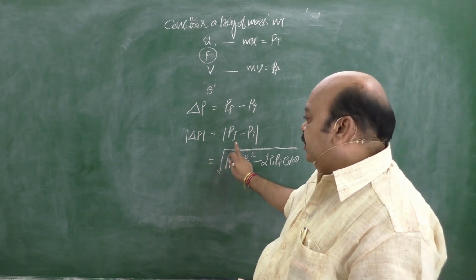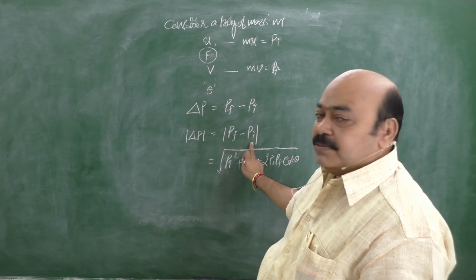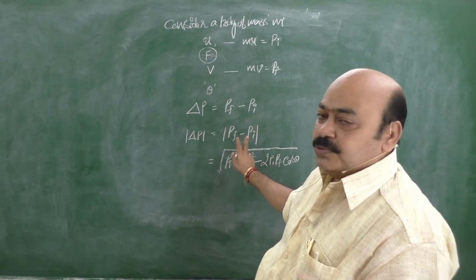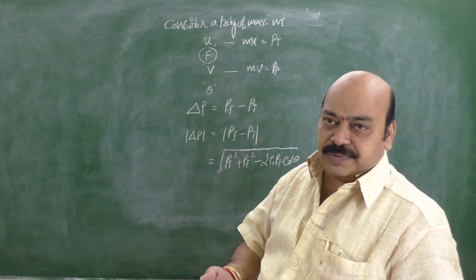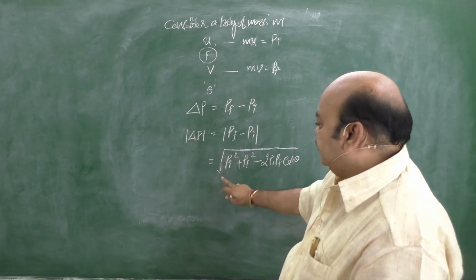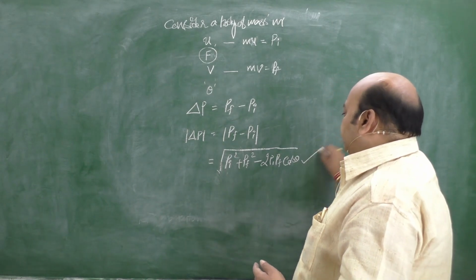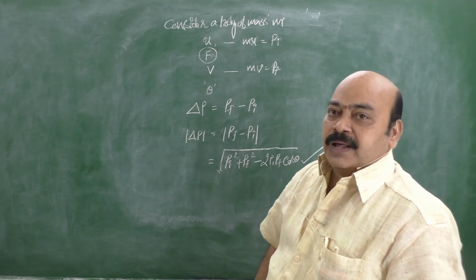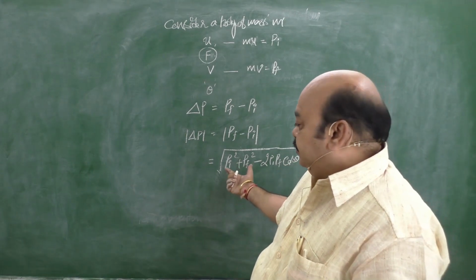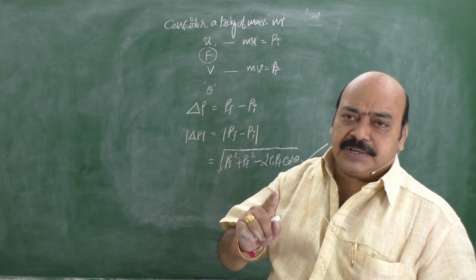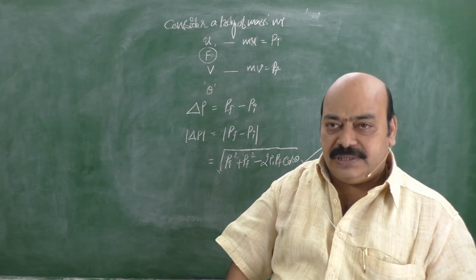Similarly, for the magnitude of Pf minus Pi, just like the magnitude of P minus Q, it is the square root of P squared plus Q squared minus 2PQ cos theta. In the same way, we can calculate the change in momentum. And a very important point: the change in momentum is in the direction of the applied force.